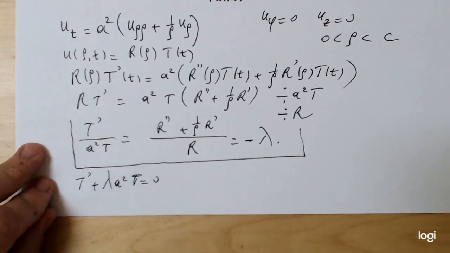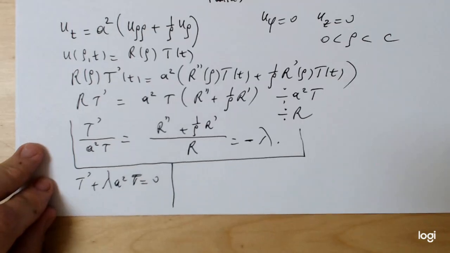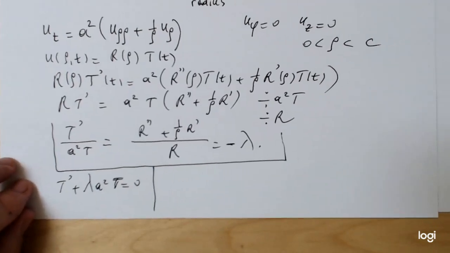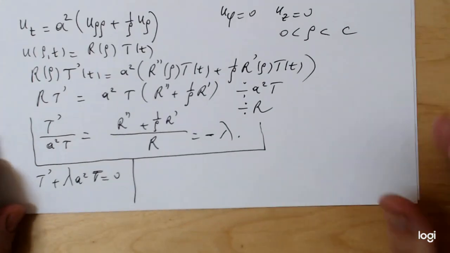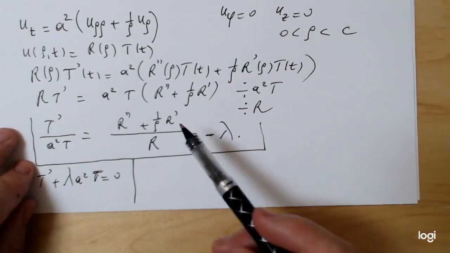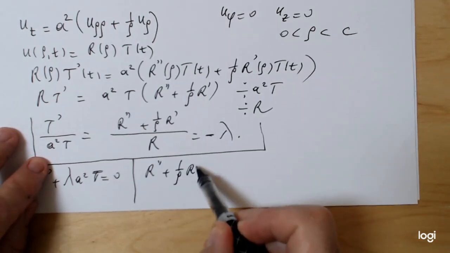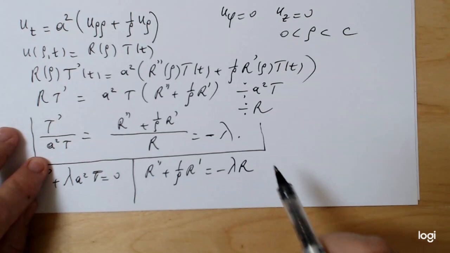No surprise here. It's something you encountered before, the T equation. But the big surprise and the whole point of this chapter is the Sturm-Liouville problem, which comes up when you write the equation for R. So R double prime plus 1 over rho R prime equals minus lambda R.